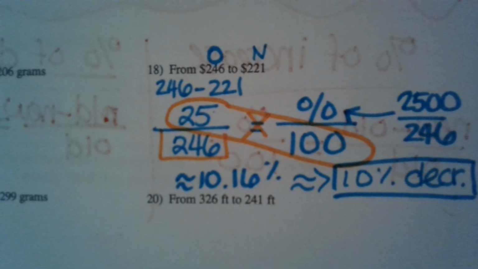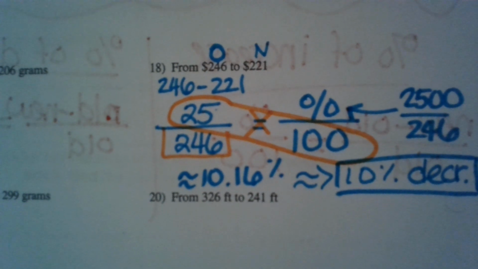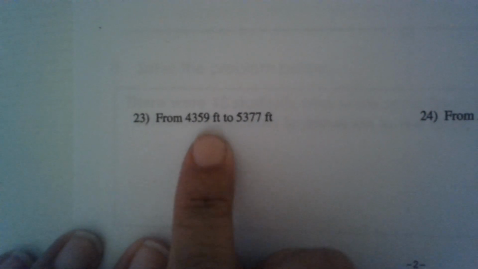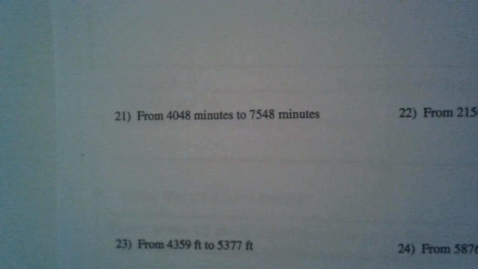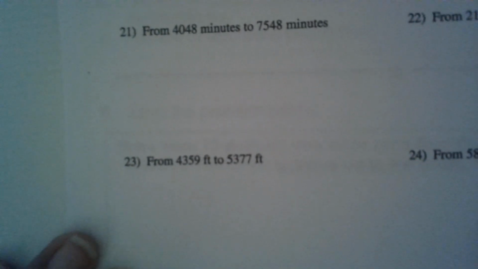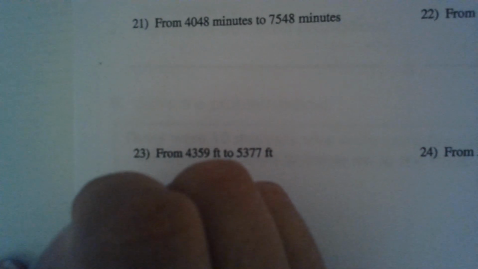Okay. We're going to do an increase question. Now, the numbers are going to be a little bit extreme. Okay. So let's look at 23. If I'm starting from 4,359 to 5,337 feet, well, first things first, let me set up my proportion.